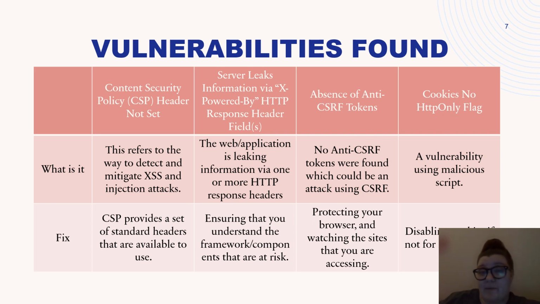This one found that there were no anti-CSRF tokens, which could make you vulnerable to a CSRF attack. In order to prevent against this one, just protect your browser and watch the sites that you are accessing, being cautious.